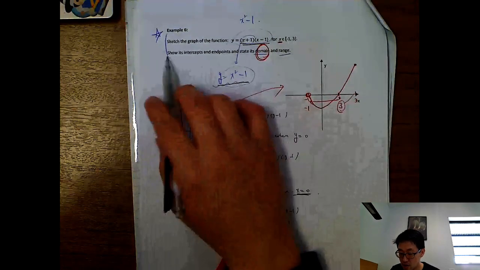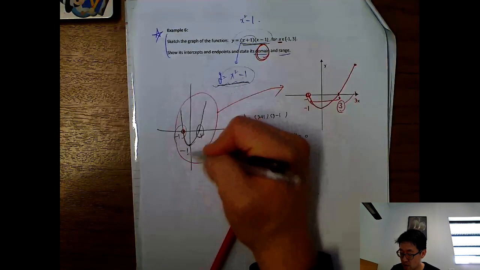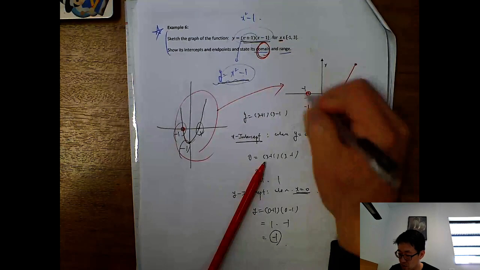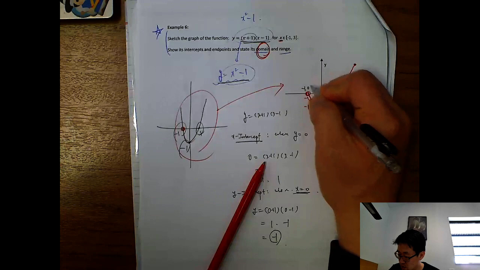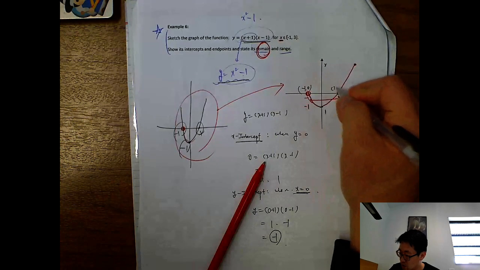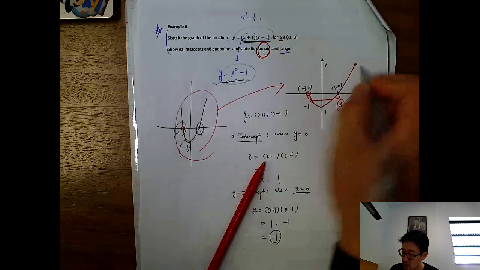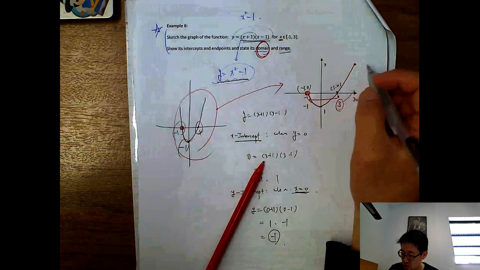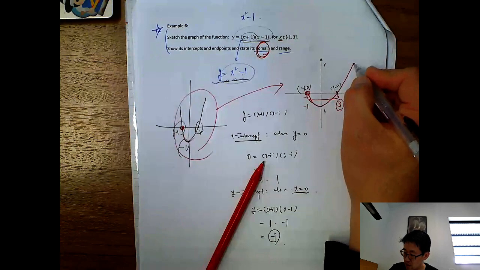And they said show its intercepts, which I did here, which is minus 1 and 1 on the x-axis, and 0, minus 1 on the y-axis. Done. And state its domain and range. So I need to check it here.